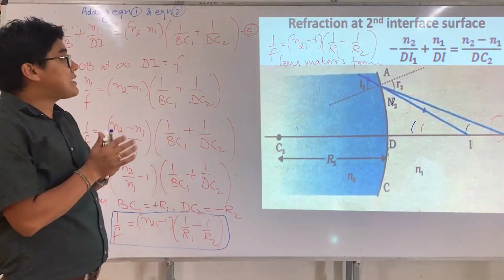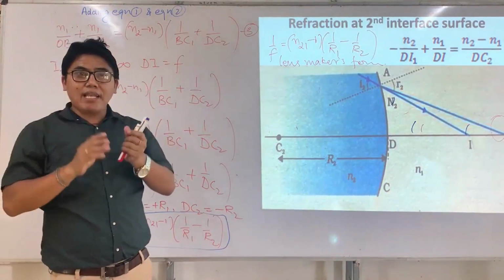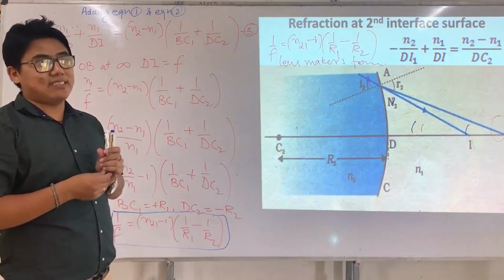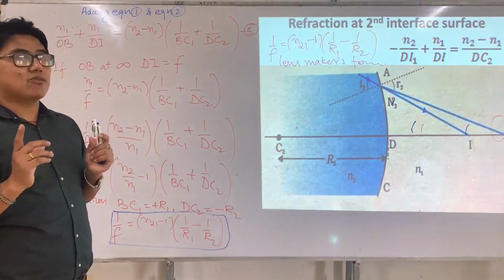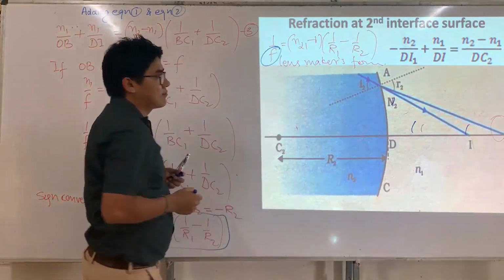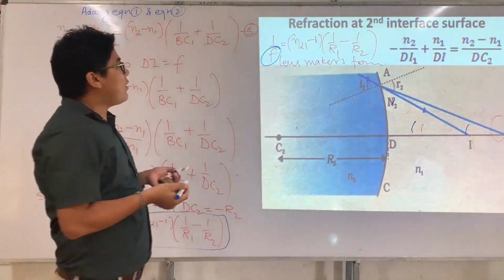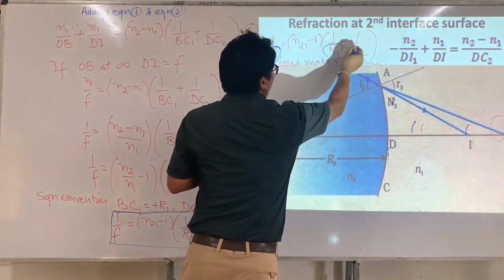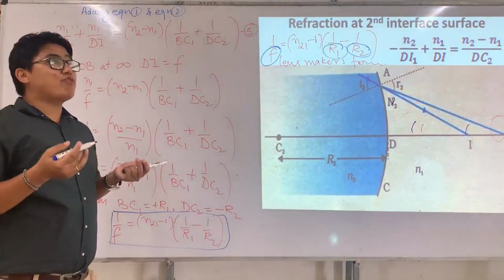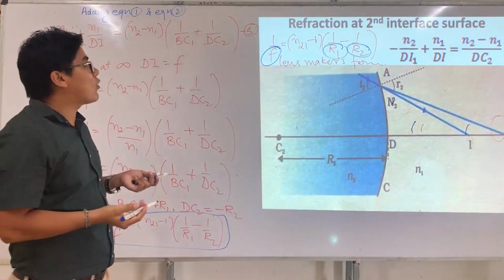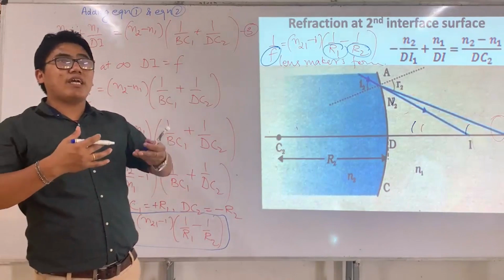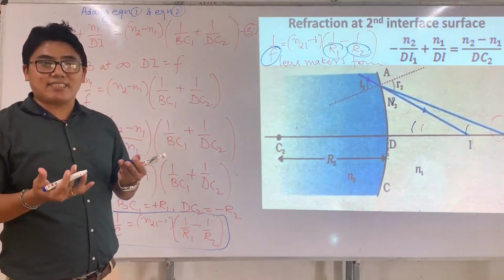This equation is mainly used for designing a lens. To design a lens, what we require is focal length, and we have to design the curvature of two surfaces. Then we have to see whether we are going to use glass or some glass with a higher refractive index.